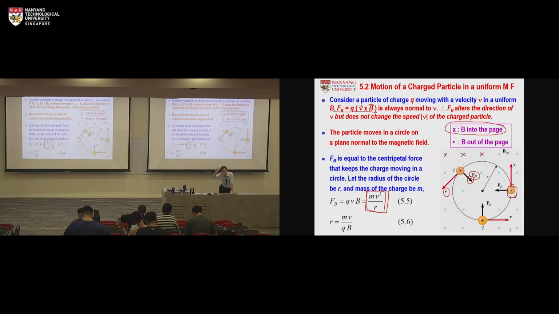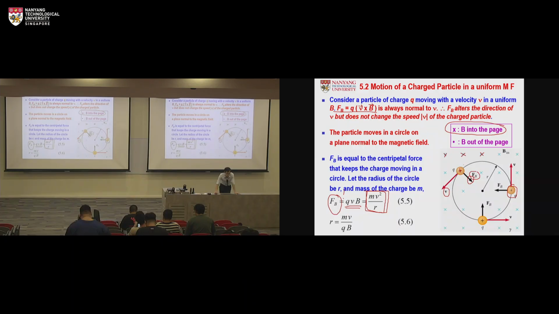Here v is the velocity of the circular motion, r is the radius of the circular motion, and m is of course the mass of the particle. This is the general centripetal force. But in this particular case, where does this centripetal force come from? It's coming from this FB, right? FB is maintaining this circular motion, or another way to say it, FB is serving as the centripetal force. And FB of course equals this.